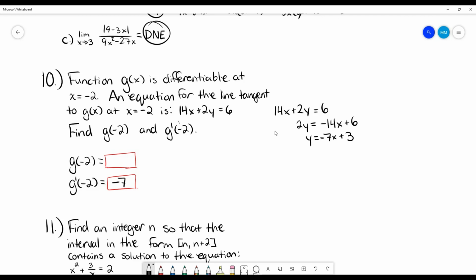Now, we know that that is what it is at -2, so we need to figure out what our y value is at that point, which means that we're going to just plug in that x value of -2 and see that that gets us y equals 17.